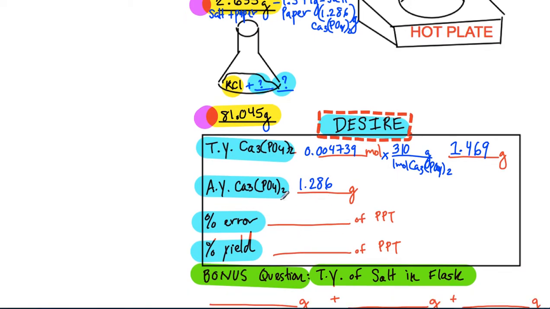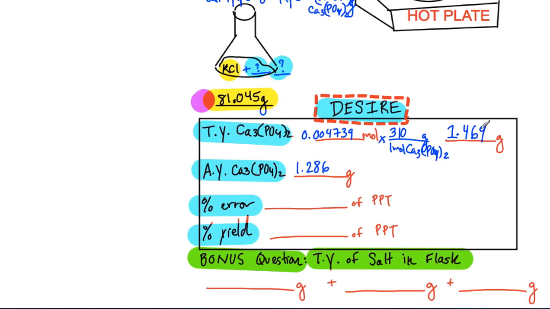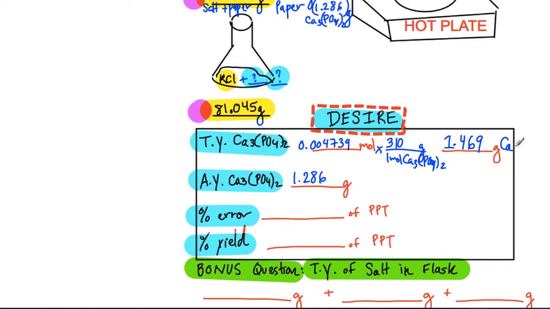So now to find the percent error and the percent yield, let's do the calculations over here. Your percent yield is your actual yield over your theoretical yield, because this is, just so you're clear, calcium phosphate. The percent yield formula is simply actual yield over theoretical yield times 100.